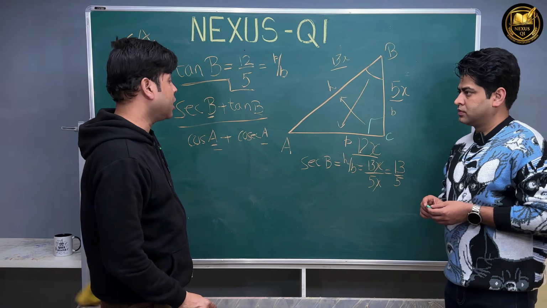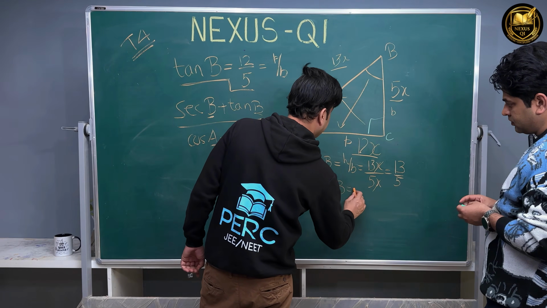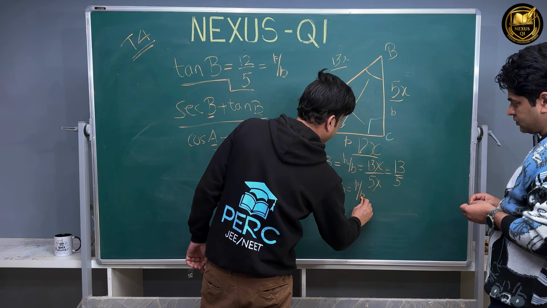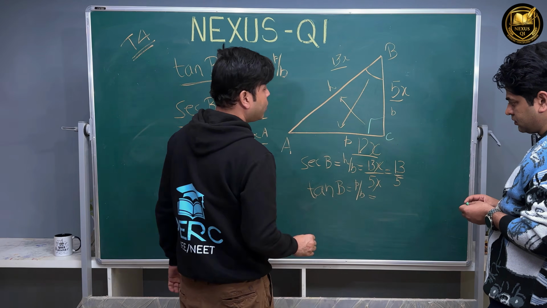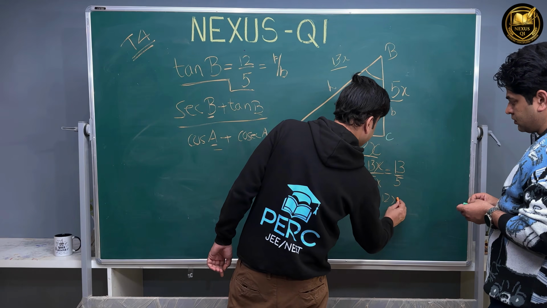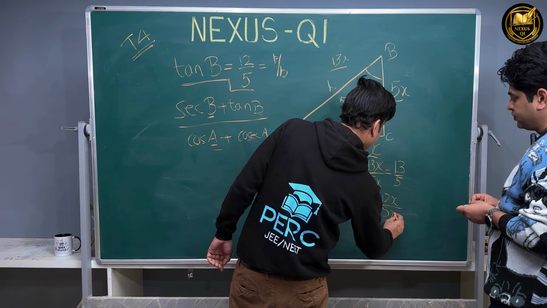Next is tan of angle B. Tan theta is the ratio of perpendicular by base. Here 12x is the perpendicular and base is 5x, so 12x by 5x.